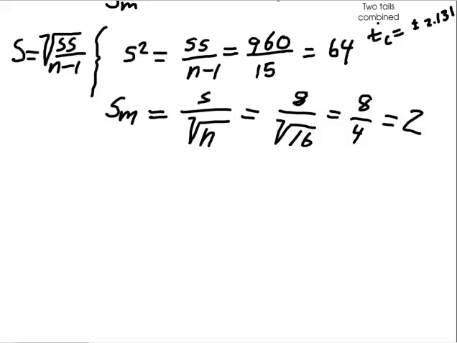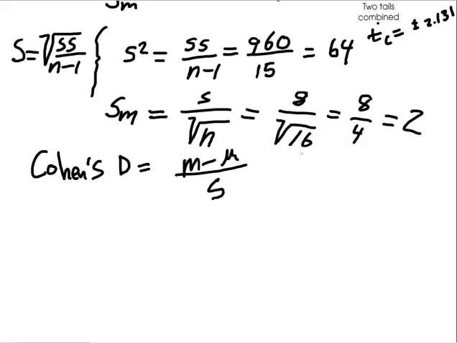So we notice that the expression for Cohen's d is M minus mu divided by s, and we've already calculated those numbers, is 6 divided by 8 equals 0.75.